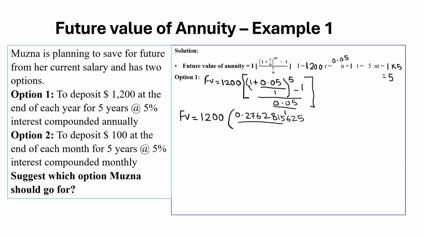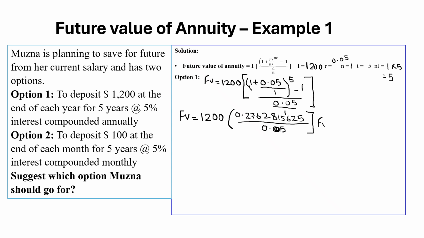Then when you get this answer, just don't remove it. With the same calculation, write 0.05. So with this, what answer will we get?